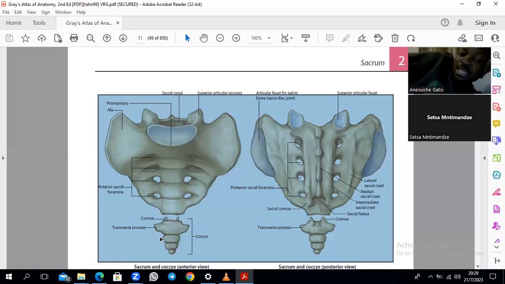The apex is directed downward. And when we do the pelvis, we're going to say that the sacrum forms the posterior part of the bony pelvis, which will be completed by the ilium, the pubis, and the ischium.